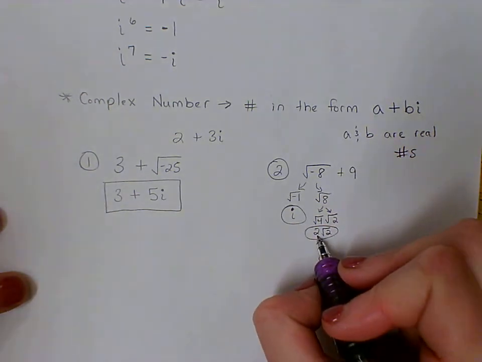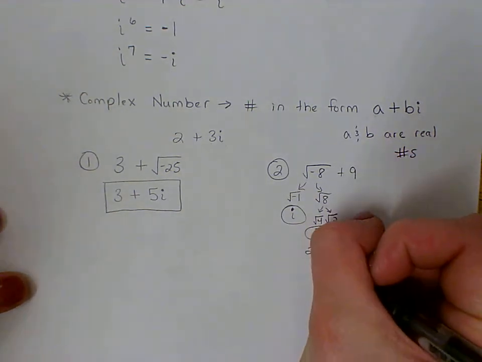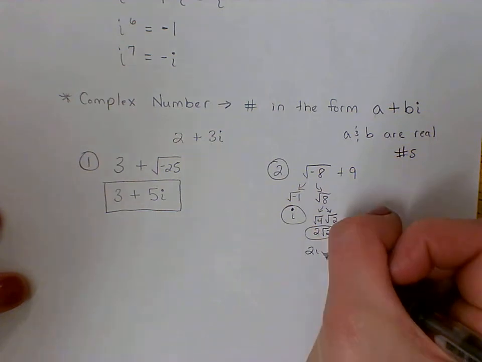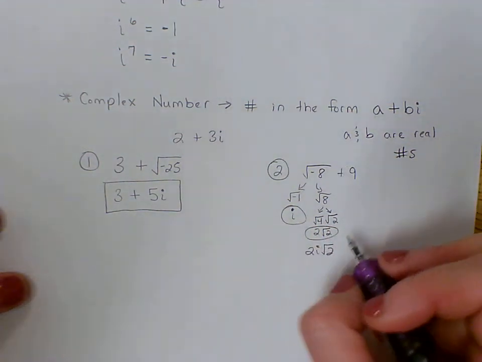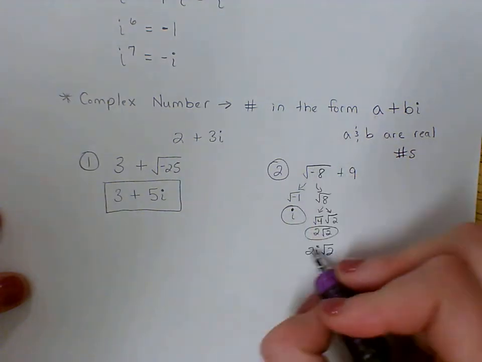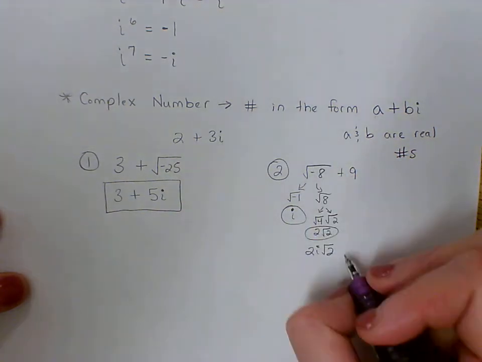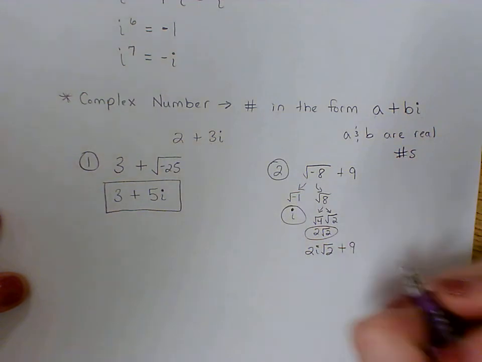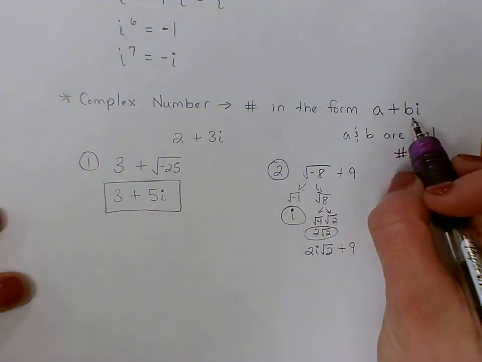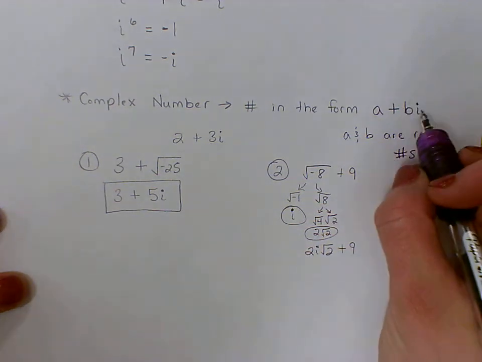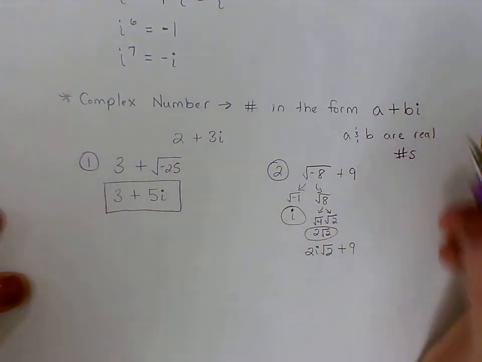So remember, you put your 2, and then the i, and then the square root of 2. So there's that. And now we had this 9 hanging out. So this ended up being 2i square root 2, and then you're going to bring your plus 9 down. Now, does it look like that? Well, to look like this, you have to have the i part in the back, or behind.